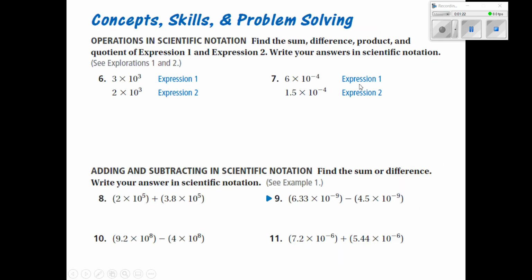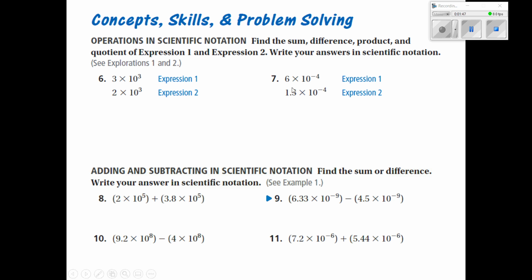Let's move to number 7. Number 7 says find the sum, difference, product and quotient of the expression. Write your answer in scientific notation. We're taking 6 times 10 to the 4th, and 1.5 times 10 to the 4th.